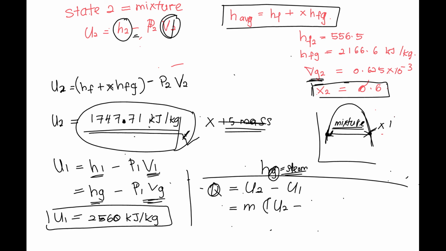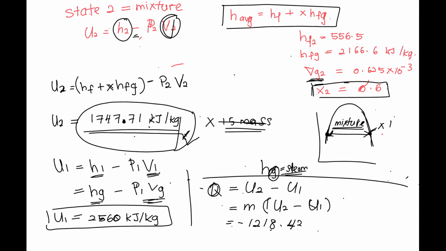Okay. After you solve this calculation, you will end up with a negative value. Some students say, I got my value negative 1218.43 kilojoule.